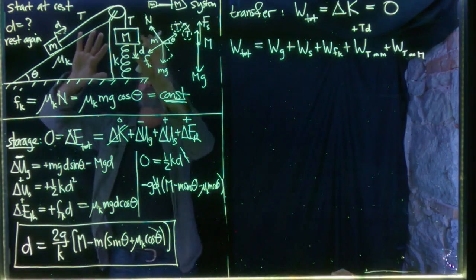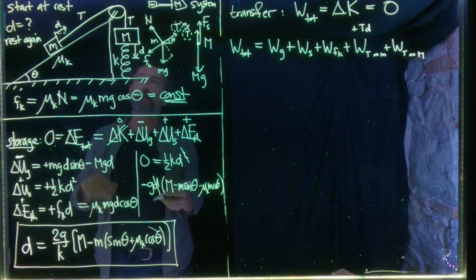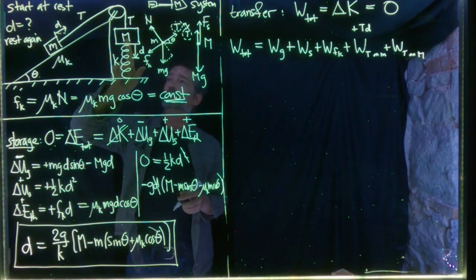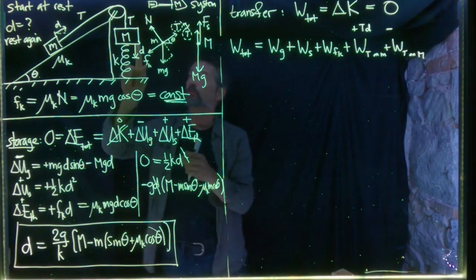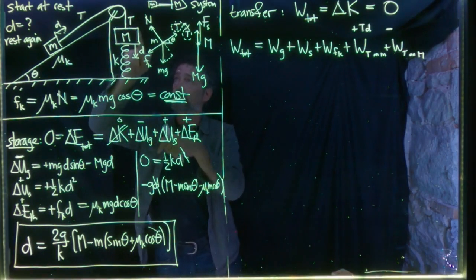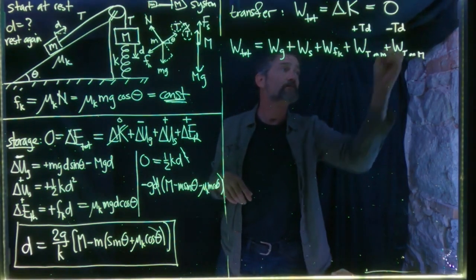And then similarly, if we look at the work that big T, the force pulling up, does on big M as it falls down, well, now we have the force in that direction, vector dot product the displacement in that direction, so it's going to be negative. The angle between the force and the displacement is 180 degrees, and so it's the magnitude of the force, tension, times the displacement, with a negative sign.